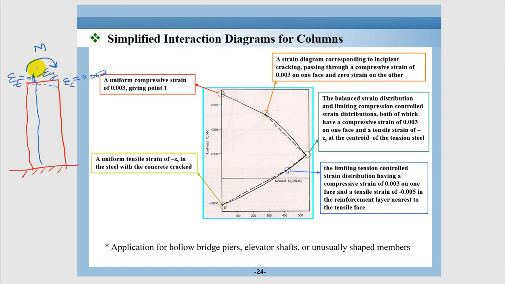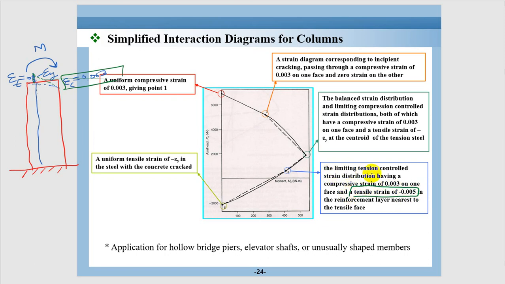Okay, let me plot this way. You have epsilon y for rebar tension, and then epsilon c for concrete. So this value doesn't change at all. This is what happened right here, and here is where we have a tensile strain of 0.05, if you remember.